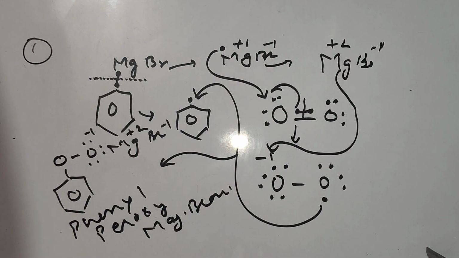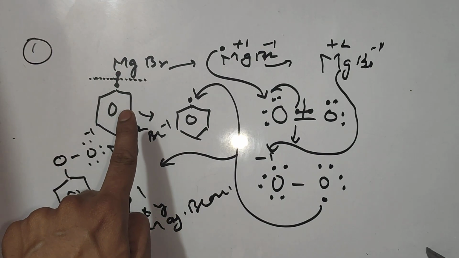Now let's go for the second step of the reaction, in which this particle is going to react with another particle of phenyl magnesium bromide.